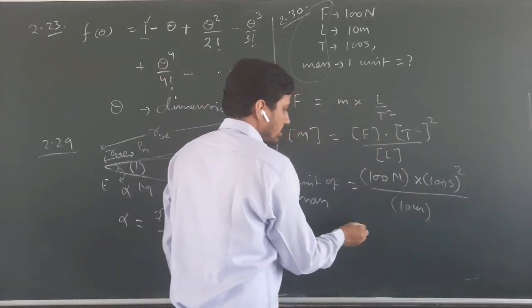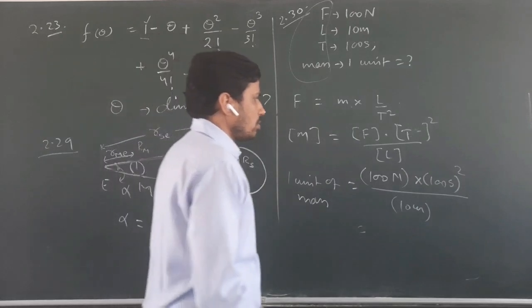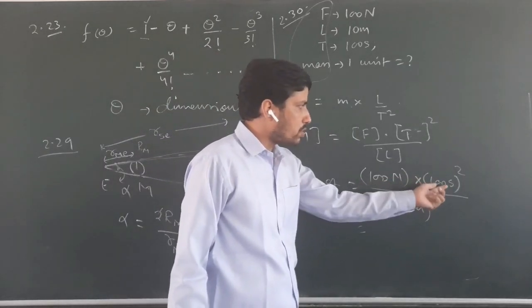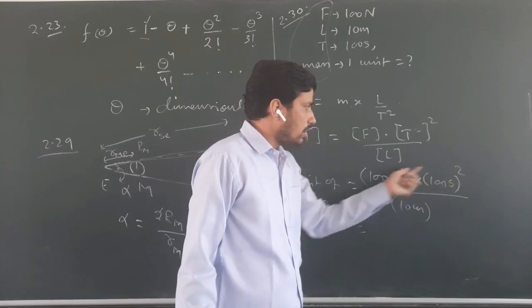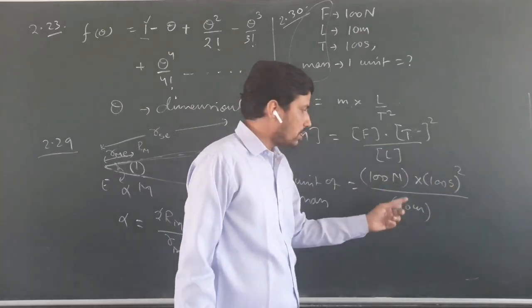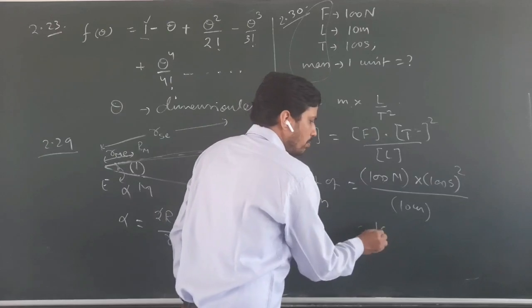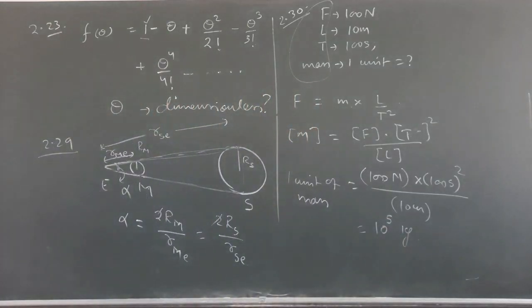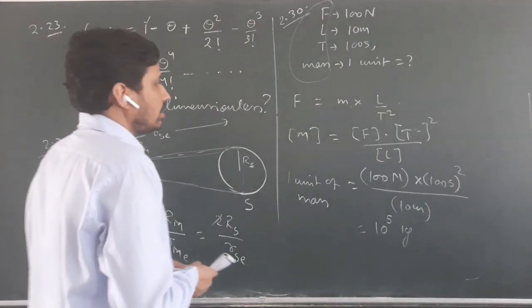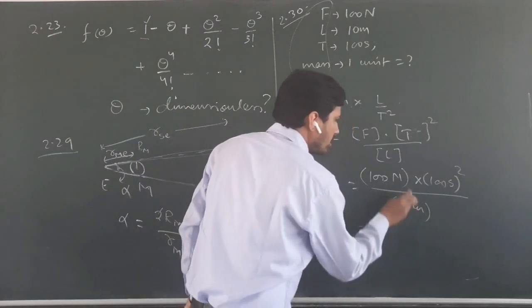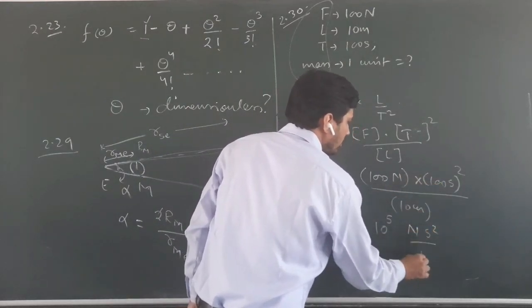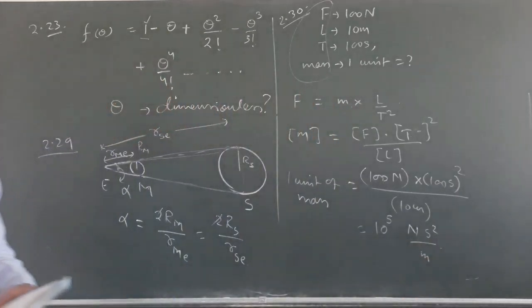Length power is 1, so it remains 1. So this will become 100 into 10 to the power 4, which together become 10 to the power 6, divided by 10. So it is 10 to the power 5. Okay, so this is the answer. Instead of kg, you can write it in terms of Newton second square per meter.